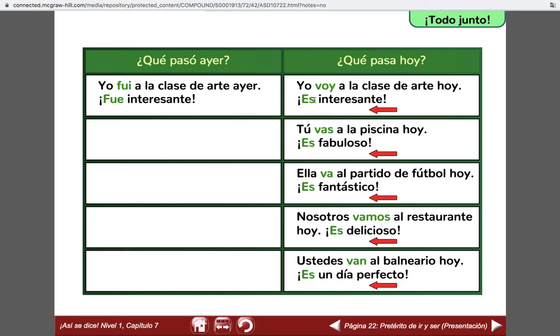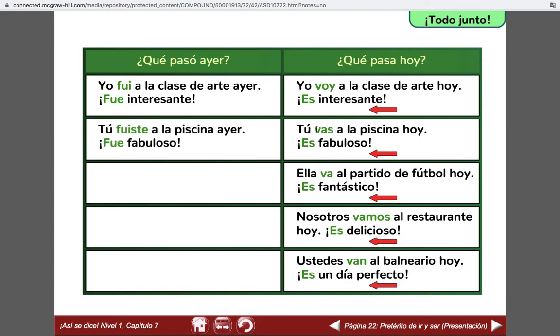And when you're talking about how interesting the class is, now you're going to say that it was interesting, right? Again, the class happened at a specific time, and you can refer to it as an action, as an event that started and ended, which is the main point here with the preterite.